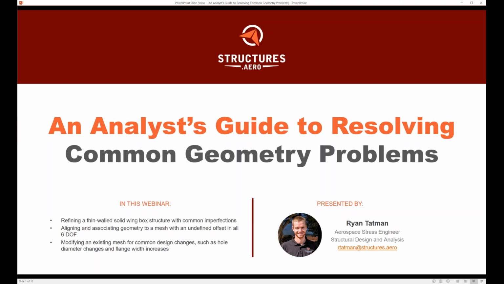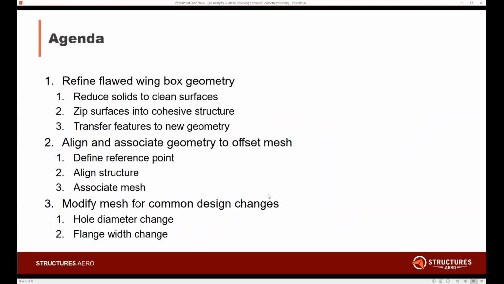Okay, so as Austin said, we're basically just going to use Femap to do some simple geometry fixes for common geometry problems that you might get from a designer. We're going to walk through two main models. One is a flawed wing box, and one of the problems in this one is you've got a very thin solid.